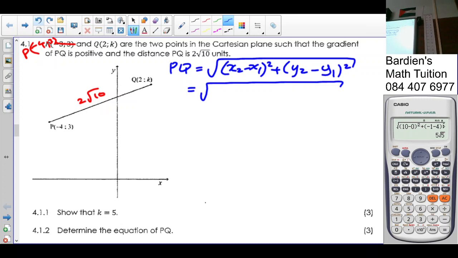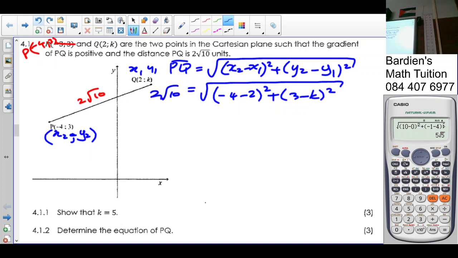If I make this x1, y1, x2, y2, this will simply be negative 4 minus 2 squared plus 3 minus k squared. And the distance of PQ is 2 root 10. So how do I solve for k here?